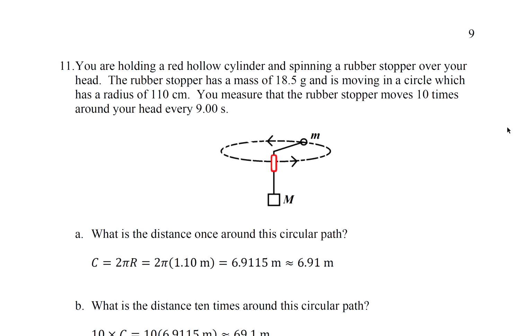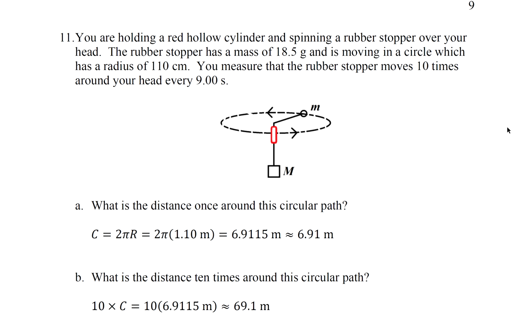Question 11. You are holding a red hollow cylinder and spinning a rubber stopper over your head. The rubber stopper has a mass of 18.5 grams and is moving in a circle which has a radius of 110 centimeters.